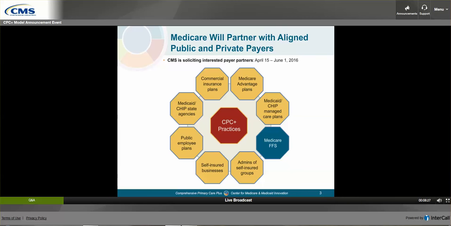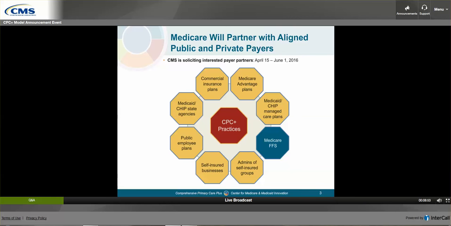As you can see here on the slide, the myriad payers that we hope to engage as payer partners in CPC Plus. We learned in our current primary care transformation model, the Comprehensive Primary Care Initiative, when payers work together to support primary care practices, the practices are able to work towards the goal we all support of healthier people, better care, and smarter spending.